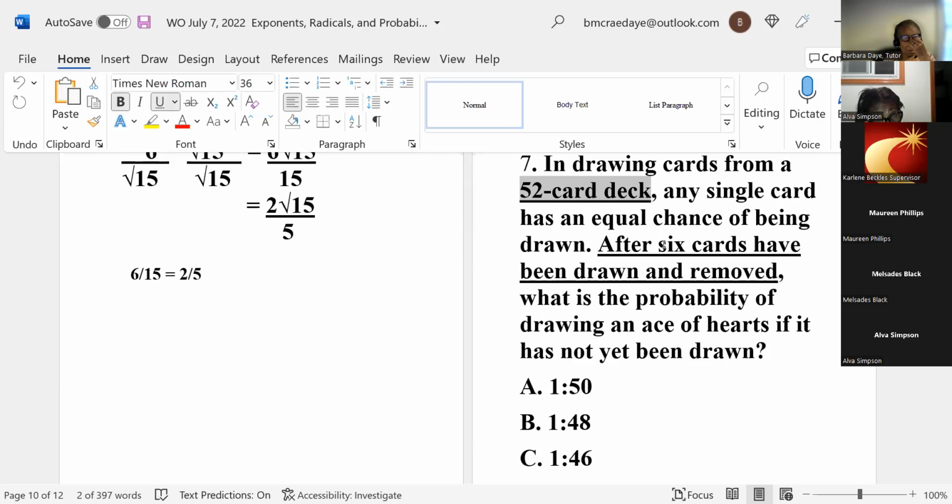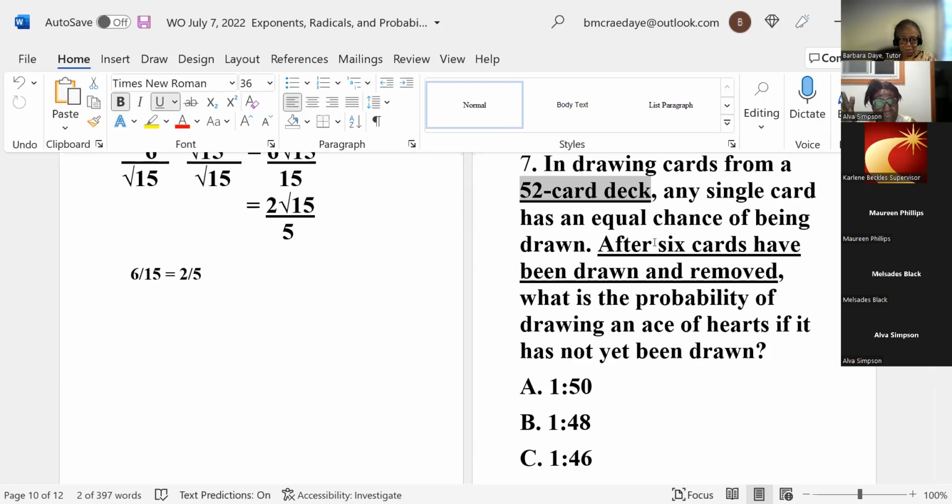It's 52 cards, but it said you're gonna take 6 from 52. Just take 6 from 52, Alva. Subtract 6 from 52. What do you get, Alva? 46, 48. Which one? You said 2 numbers.